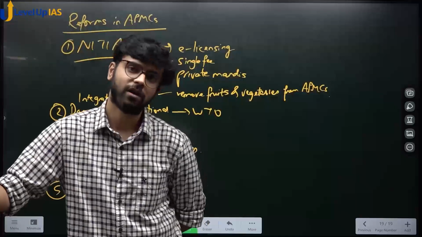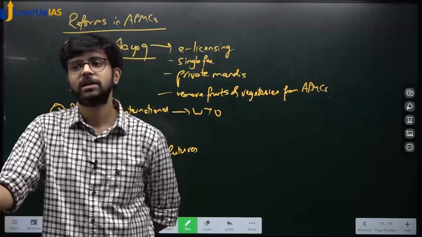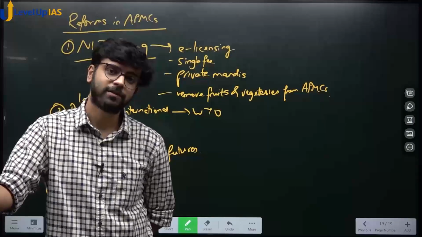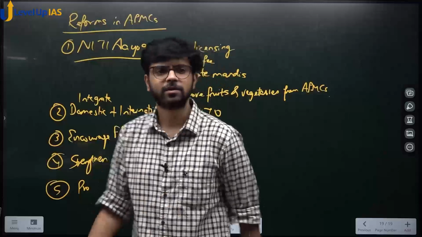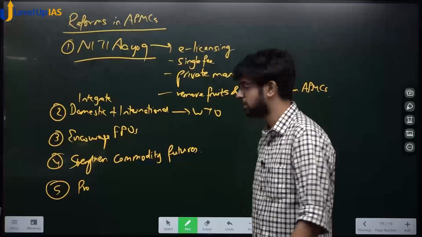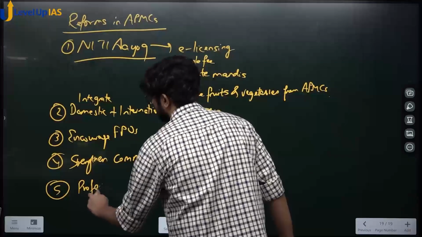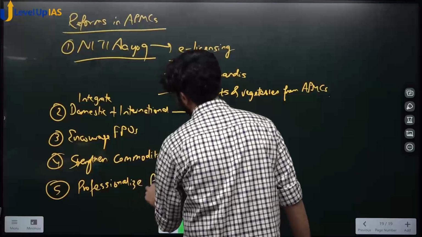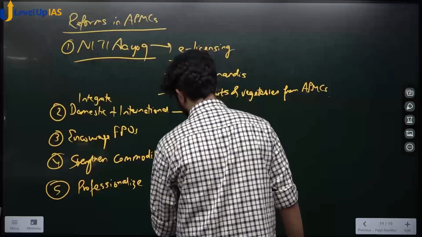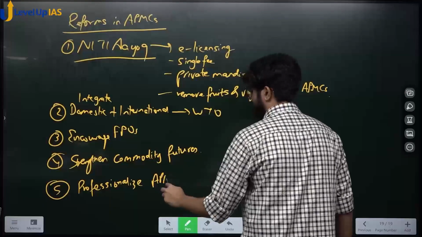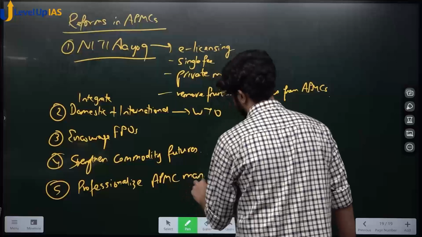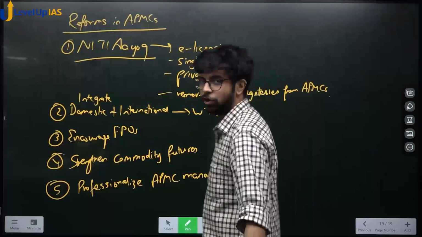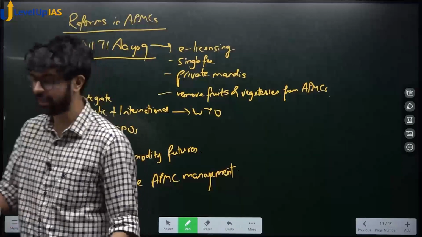Appointments of high level officials of banks. Don't you remember one more recommendation it gave, that professionalize the appointment, limit the tenure? Can't we do that for APMC heads? Professionalize APMC management. ठीक है? We can do that. We can try to do that. Yes or no? Professionalize APMC management. We can try to do that.